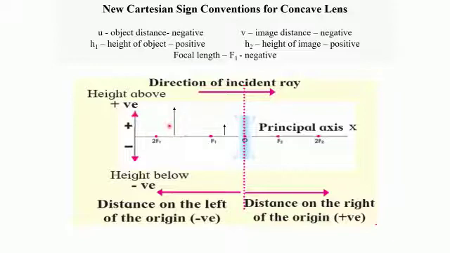We know that for a concave lens, the object can be anywhere between optical center and infinity. The image will always be between optical center and the focus. So image will always lie within the focal length of the concave lens, that is between f1 and O.